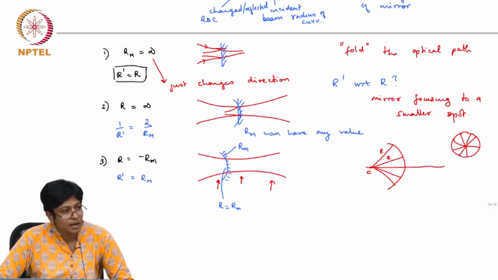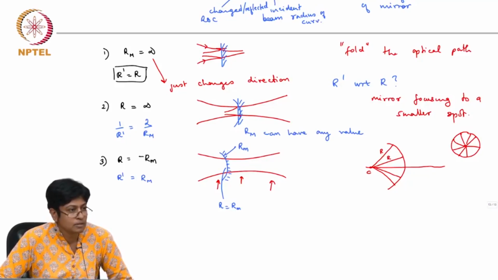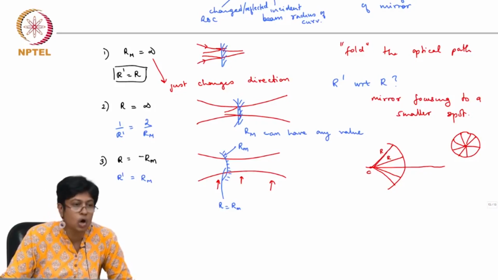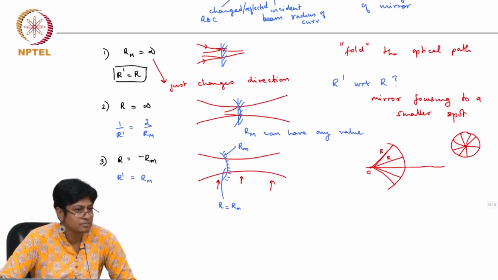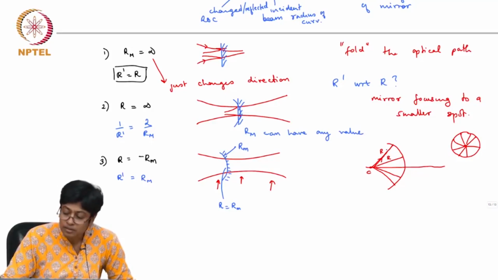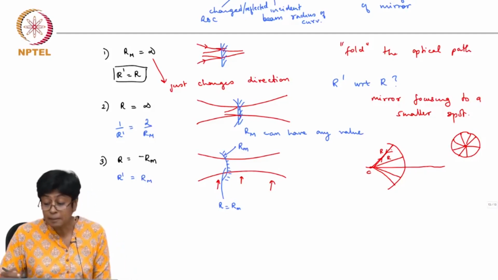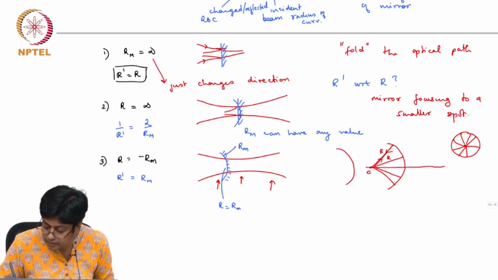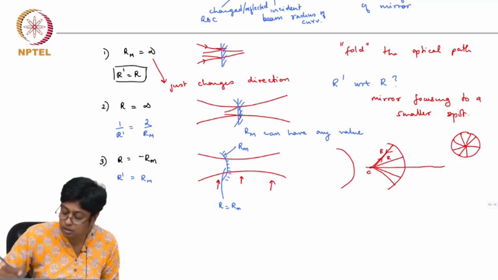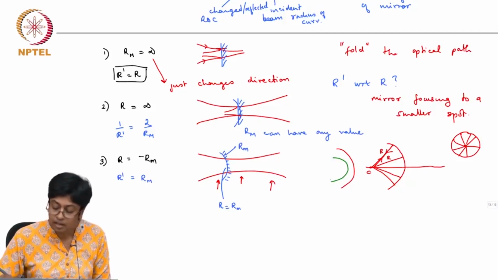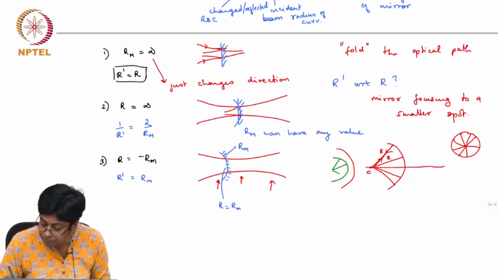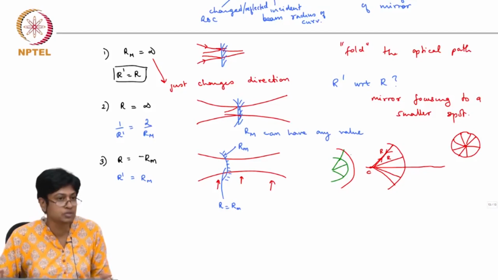So what happens if you have a normal to an optical element? If I have light traveling along the normal, what happens to the reflected light? The incident is along the normal, so the reflected is also going to be along the normal, right? Now, if my mirror curvature was like this, but my beam curvature was like this, the normals to the beam are not the same as the normals of the mirror.